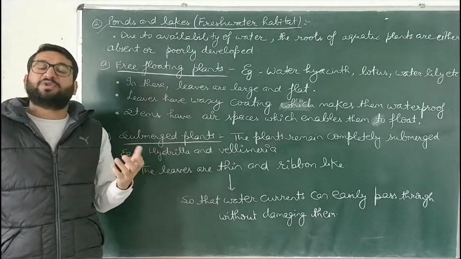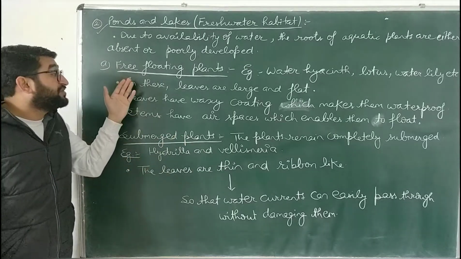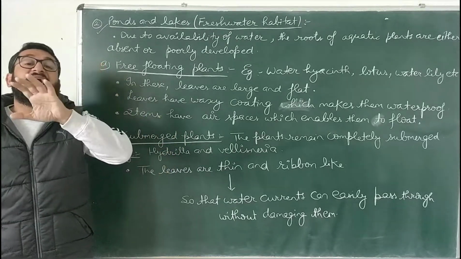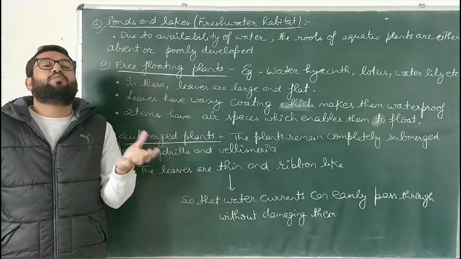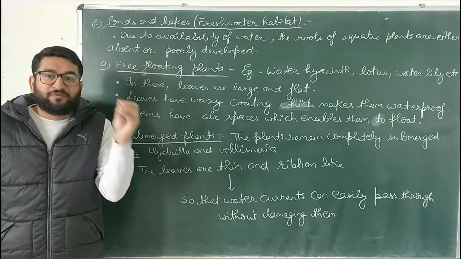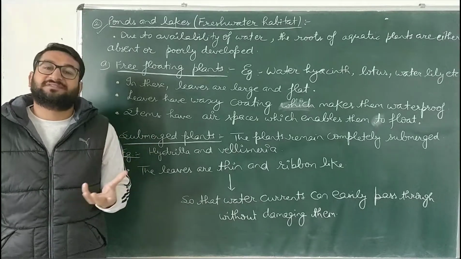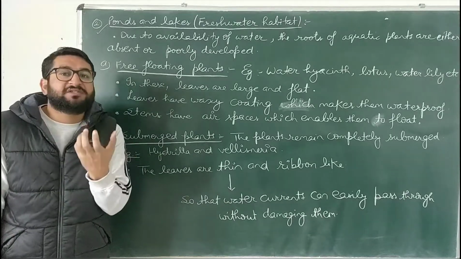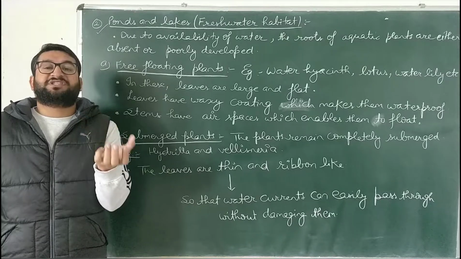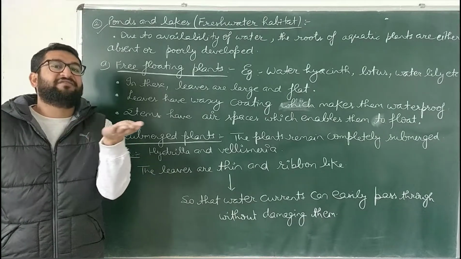So these are the adaptations in the free floating plant. That is, the leaves are large and flat. Second, they have a waxy coating to make them waterproof, and that waterproofing does not allow the decaying of the leaves or the plants. Last, their stems have air spaces, and those air spaces provide them buoyancy, a property due to which they can easily float.